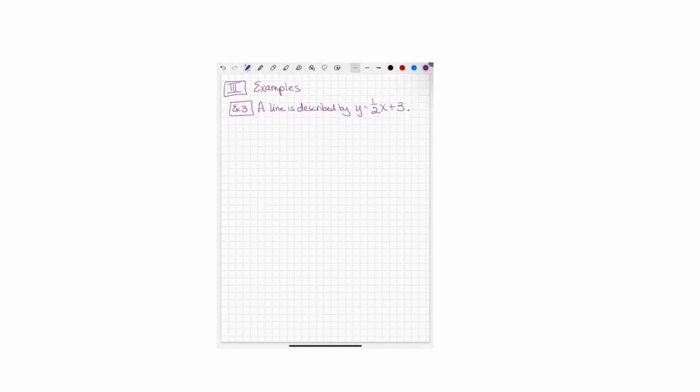I'm going to hand you the equation. And for part A, I'm going to ask you to create a table. So create a table to show several solutions. Those are just xy pairs that work.